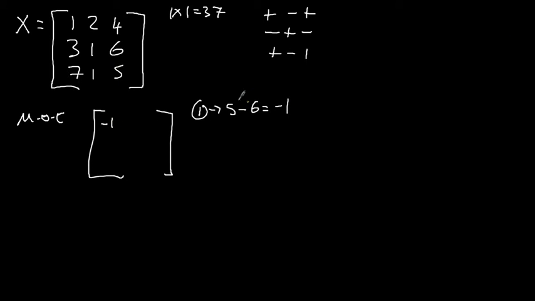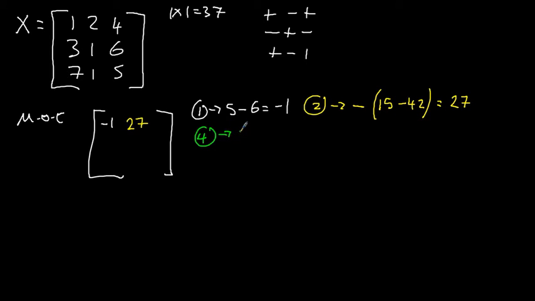For the second element, it's going to be minus whatever the mini determinant is. 3 times 5 is 15 take away 42, so that is minus 27. So that is 27. For the 4, it's going to give us 3 lots of 1 take away 7 lots of 1, which is minus 4. We've sort of seen this bit before, but slightly different.